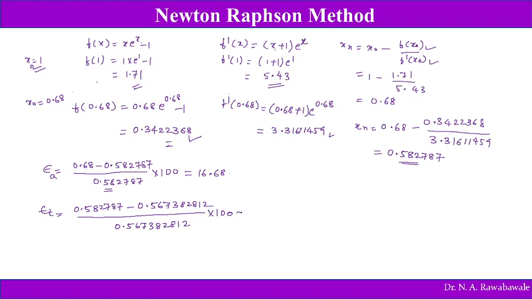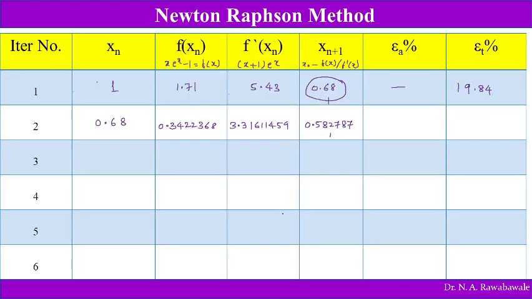So on simplification, true error works out as 2.714%. So we substitute this approximate error, 16.68%, and true error, 2.714%, in this table. Now this is a revised approximation which we have obtained.